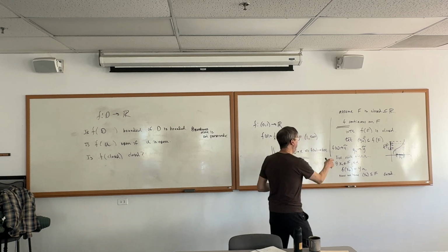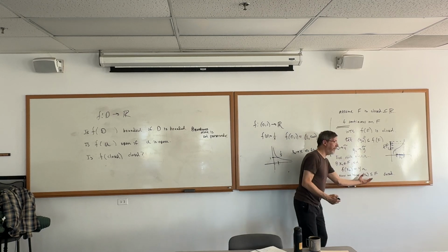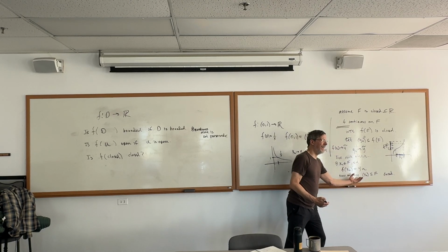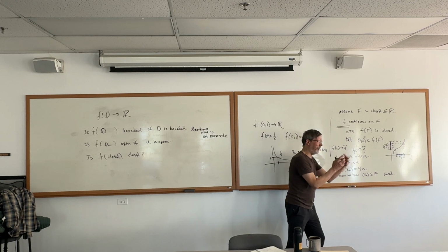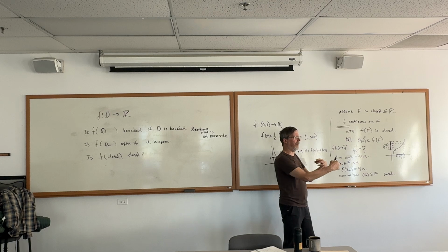So I'll tell you what I'm thinking here. If f was closed and bounded, I could invoke what theorem? If f is closed and bounded, I've got a sequence of points in f. How can I ensure that there's a subsequence that converges? Remember the name of the theorem? Heine-Borel. That's what it is.